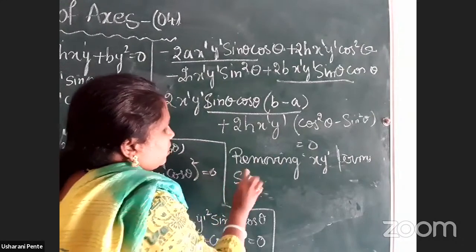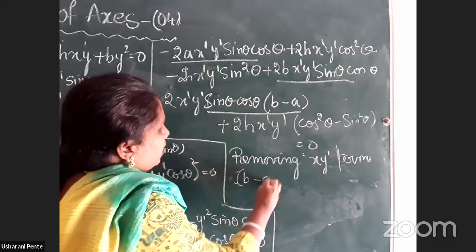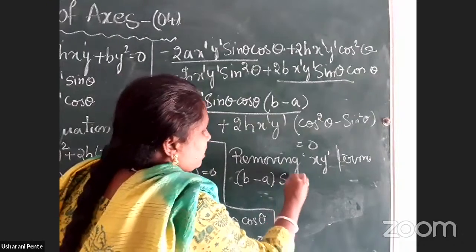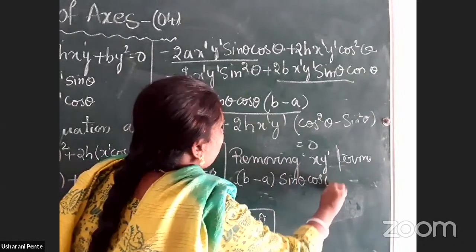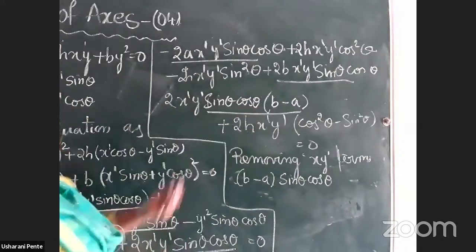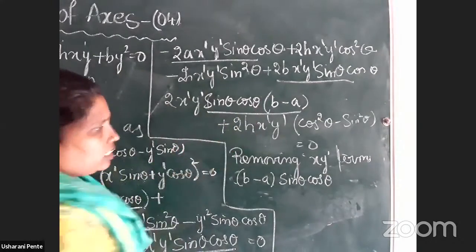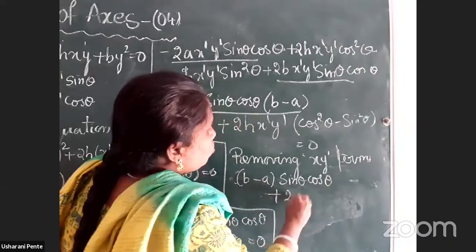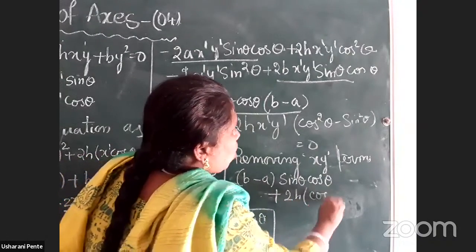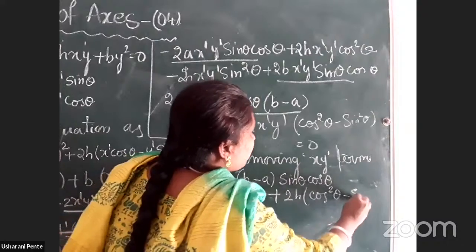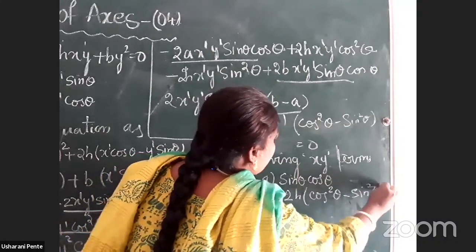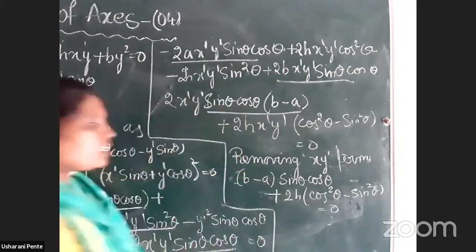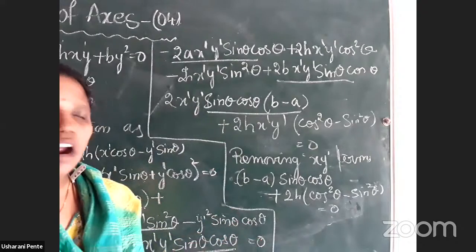That is, we'll get b minus a sin theta cos theta plus 2h into cos square theta minus sin square theta, that will be equal to 0.